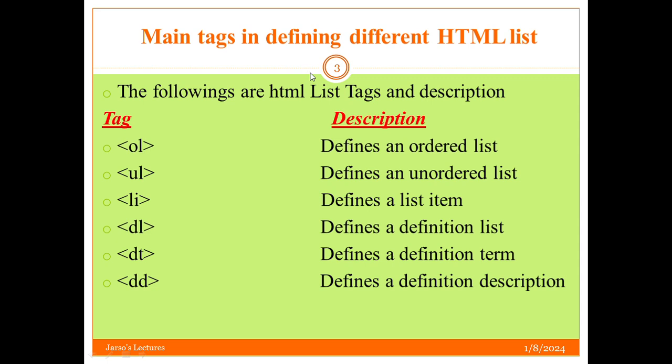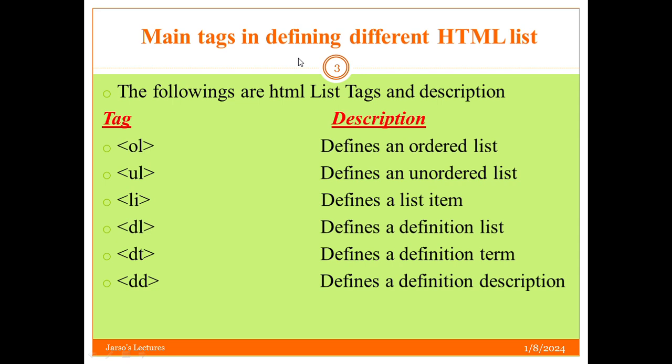And those are the majorly used, common tags used to define an HTML list on the web browsers. As I have already said in my previous video, an HTML element is defined on the web browsers by tags.